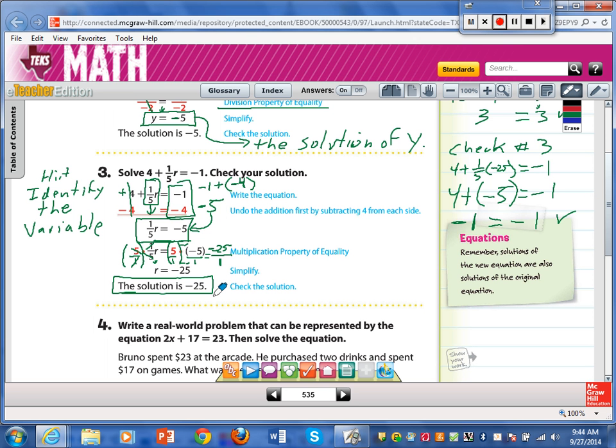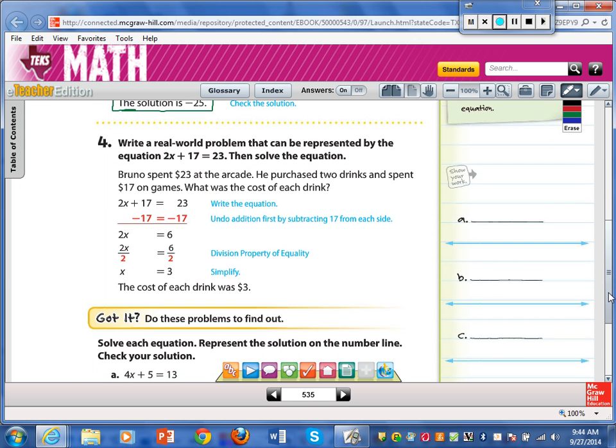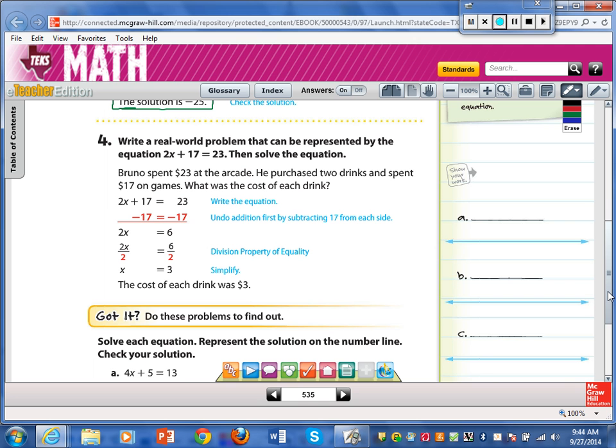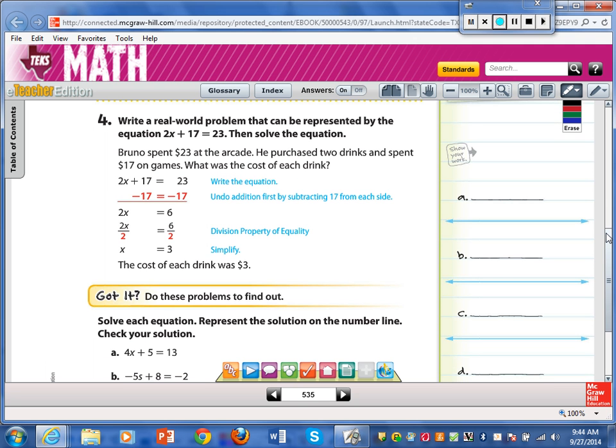Let's go ahead and do this real world problem, example number 4. When you have to write your own equation, guys, and they ask you what is this, always the unknown, I'm going to put it over here as a hint.